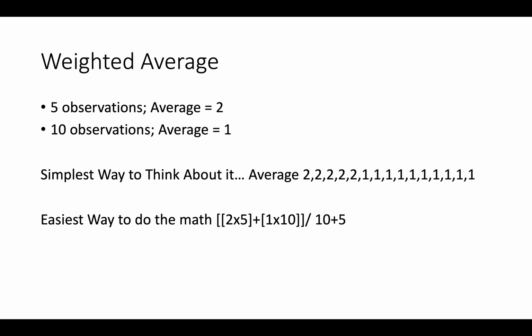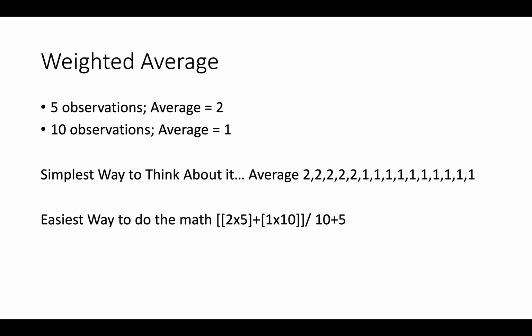So I told you I was going to show you how to calculate a weighted average. So here's an example where I have 2 averages. The first one's 2, the second one's 1. Let's just say they're standard deviations. So my estimate of standard deviation is 2 in the first example and 1 in the second example.